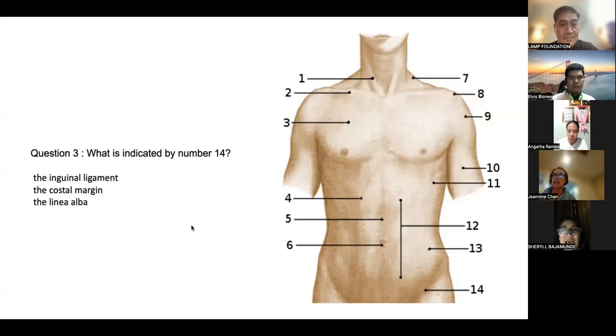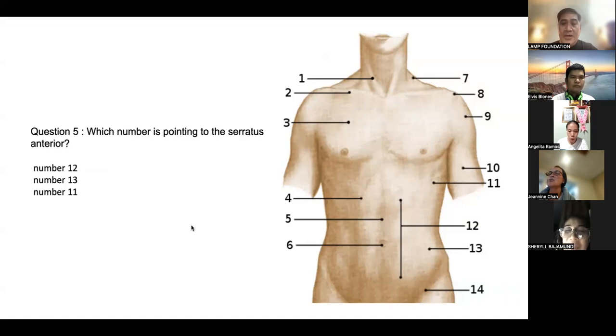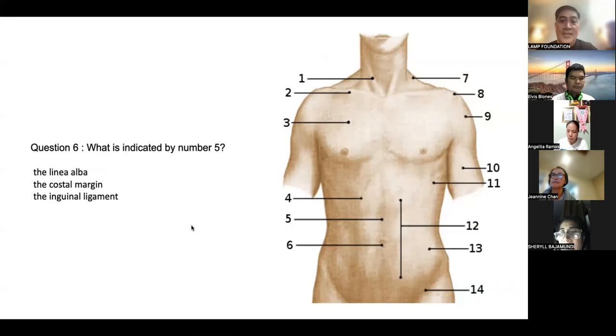What is indicated by number 14? That's your inguinal ligament. Number 3 is pointing to what? Your pectoralis major. Great. Which number is pointing to the serratus anterior? I think that's number 11. Okay. What is indicated by number 5?